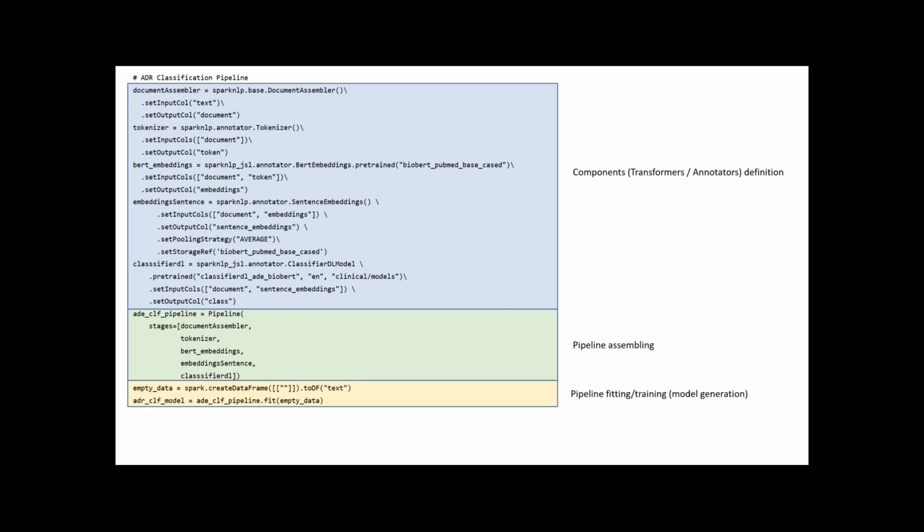So this will work like a filter to classify documents, tweets, or whatever text that you feed into the pipeline. So in the blue portion, you will define the components. Then in the green portion, you will assemble the different components in the pipeline. And then in the yellow portion, you will basically train or feed this pipeline, and you will generate what we call a model that then you can use to process new data.